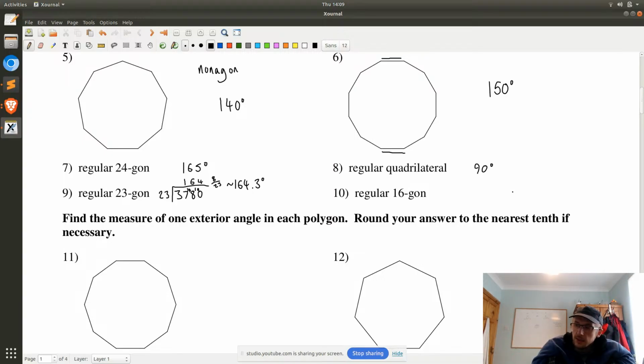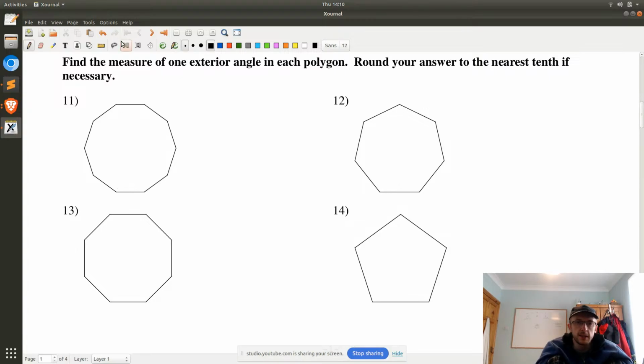It's 2,520 divided by 16. So 157.5. That's correct.